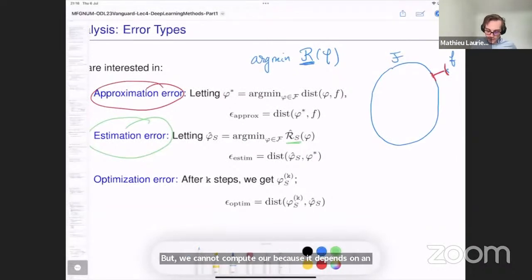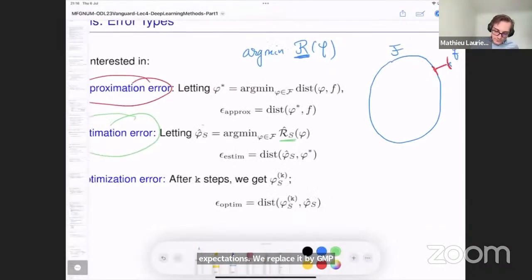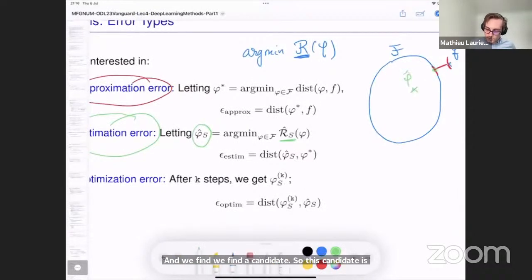So we replace it by the empirical risk, and we find a candidate. This candidate is somewhere, maybe somewhere inside. It doesn't have to be the closest one. And why is that? Because we are making an extra error since we use the empirical risk instead of the true risk. So here there is an extra error, which is called the estimation error. This one, you can fix it if you use more and more samples, let's say.